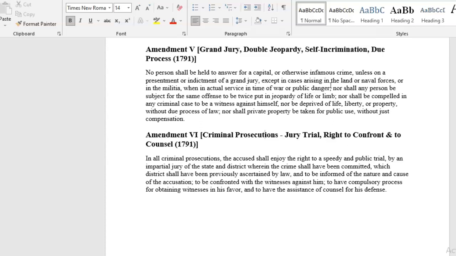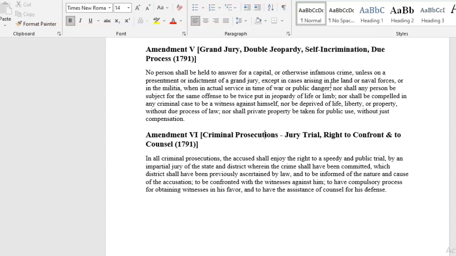So we've probably all heard something about double jeopardy. What that means is, once you're acquitted of a crime, and acquitted means you're found innocent, if a judge or a jury finds you innocent, they can't bring you back up on those same charges again, trying to prove again that you're guilty.